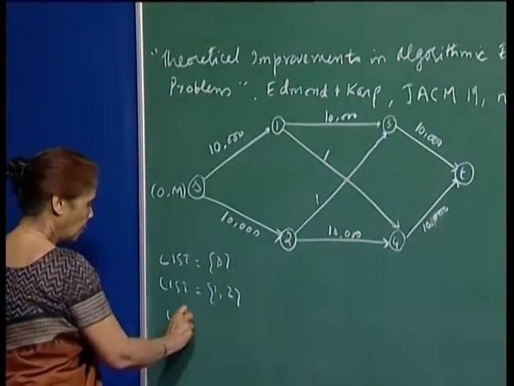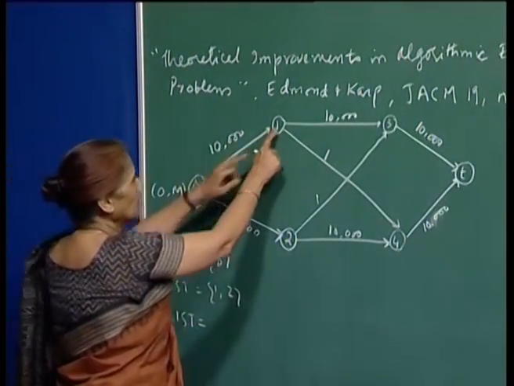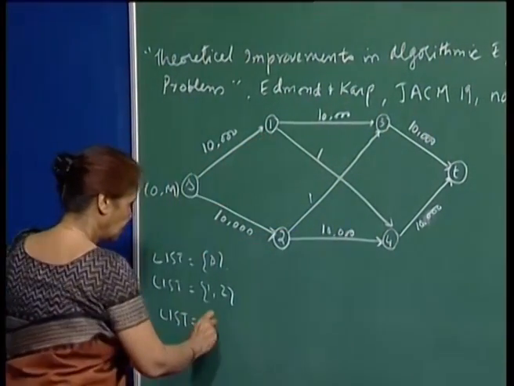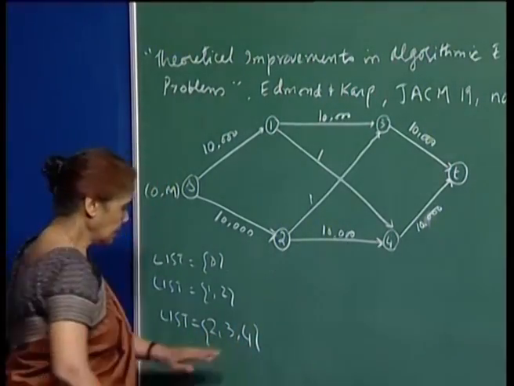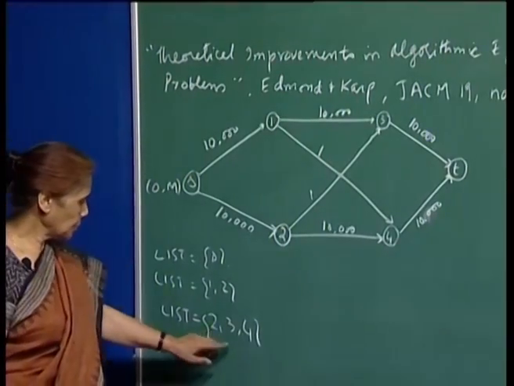Then when you scan node 1, you will be able to label 3 and 4. This is what we mean by operating the list as a queue. So, it will be 2, 3, 4.